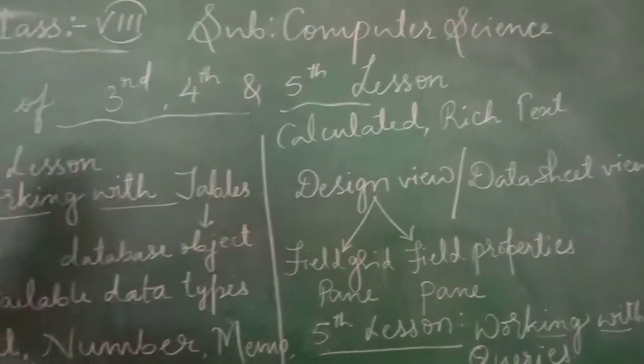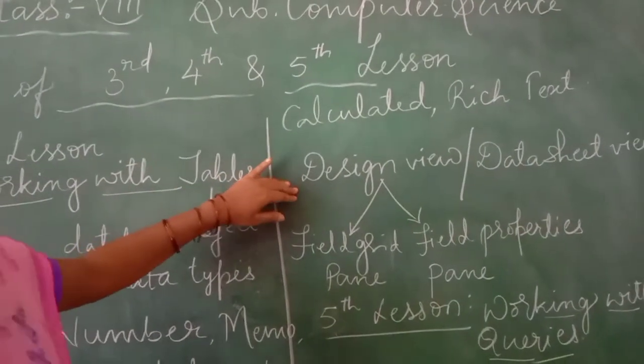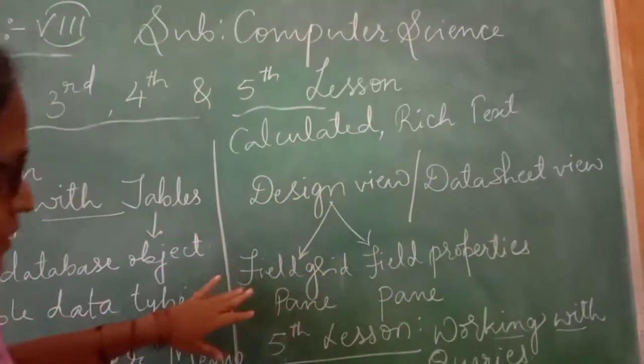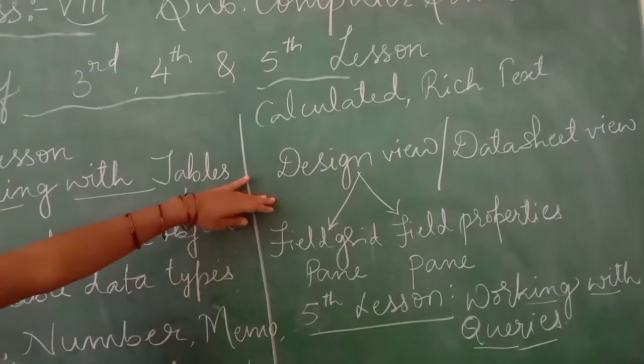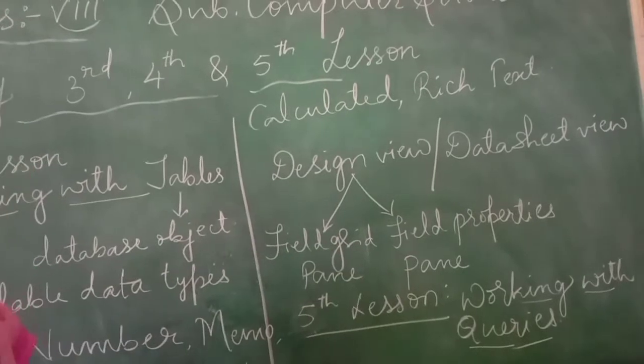Then the table is divided into two parts, design view as well as datasheet view. Design view is divided into two sections, field grid pane as well as field property pane.